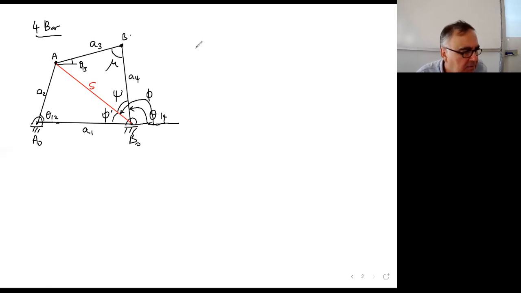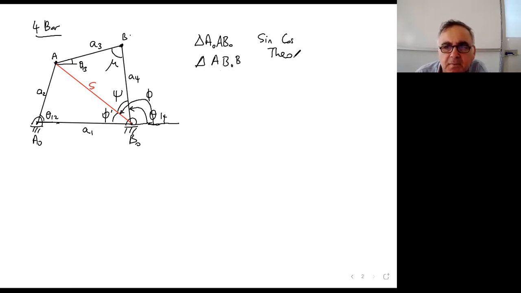So we have two triangles, the triangle A0, A, B0, and the triangle A, B0, B. So using these triangles, and using sine and cosine theorems, we can find the following.